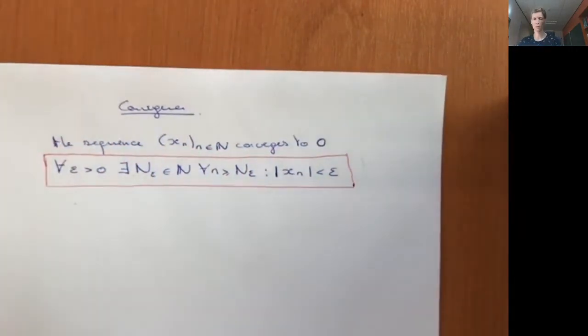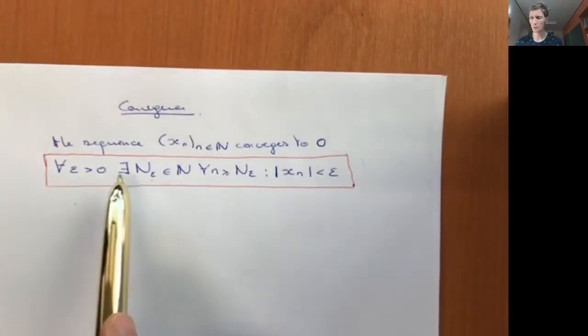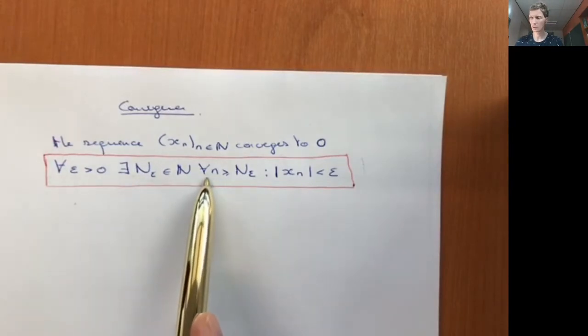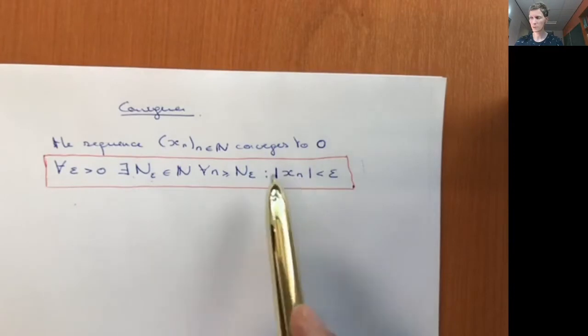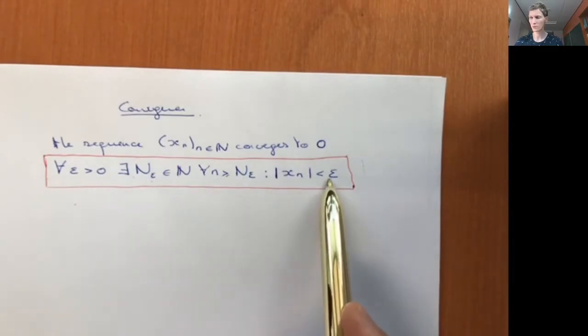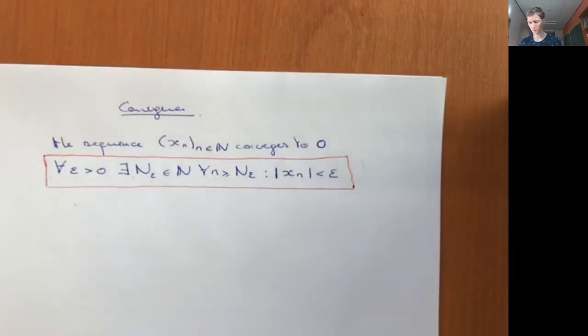Okay, so let me read it out loud. We have that for every epsilon there exists a big N, such that for any numbers greater than this big N, xn, which is here the nth element in the sequence, is smaller than epsilon.